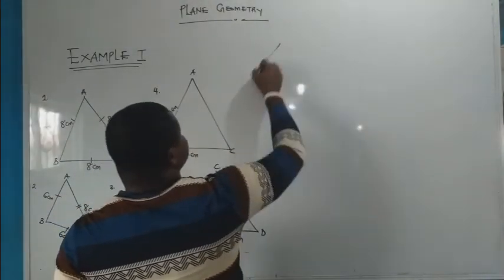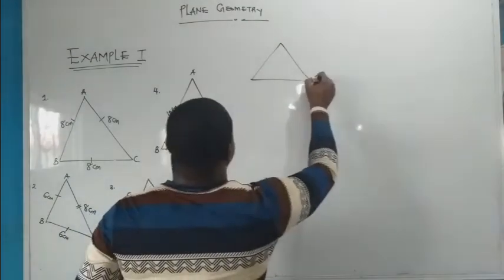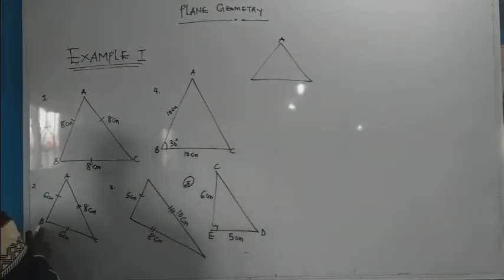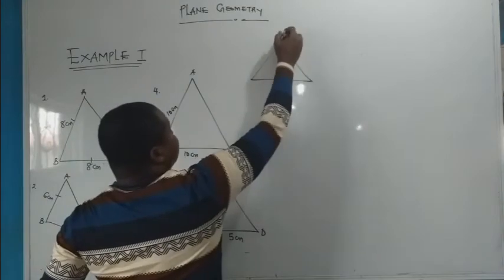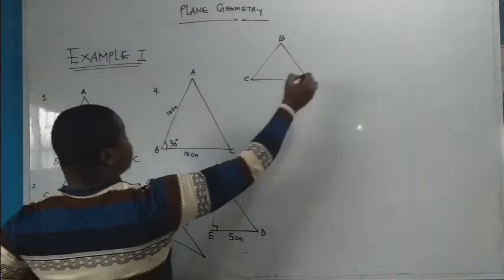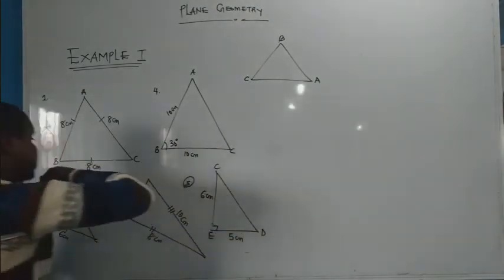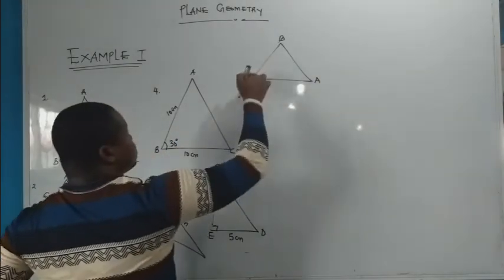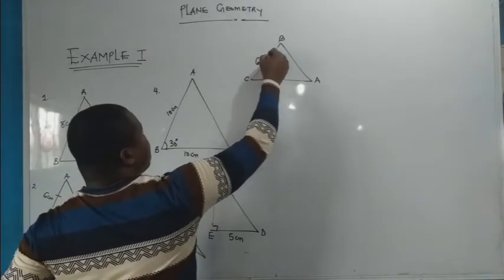So we're going to have something like this. It's going to be A, B, and C. So I'm going to turn it the other way around. So here is going to be the B, that's the B. Here is the C, and here is going to be the A. So BC, from B to C is 6 centimeter.